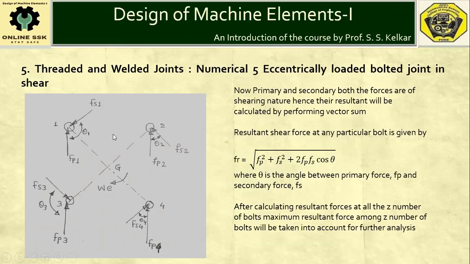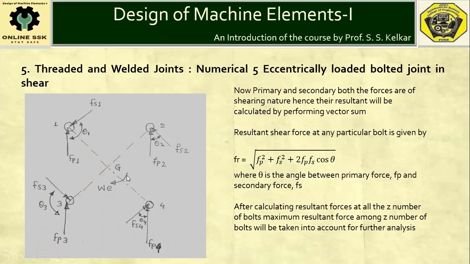Then we have to identify the critically loaded bolt, for which the resultant will be maximum. For that, we can apply the logic that the furthermost bolts are critically loaded, and the bolt having lesser value of theta, where theta is the angle between primary and secondary force, will have more value of Fr.